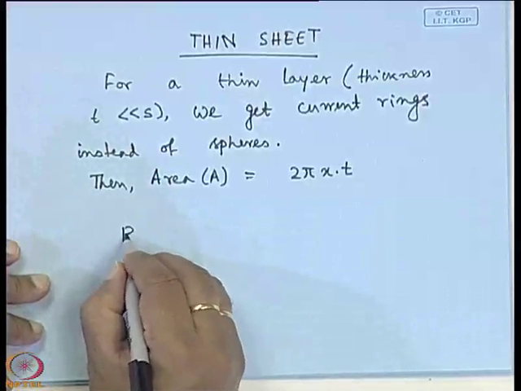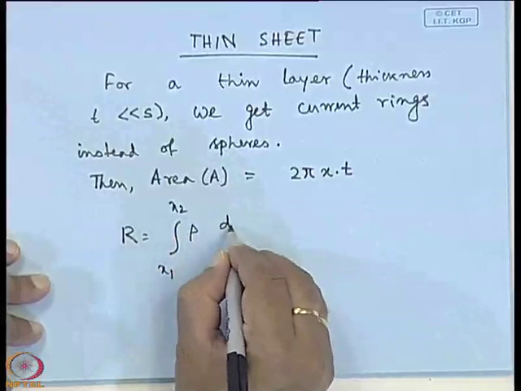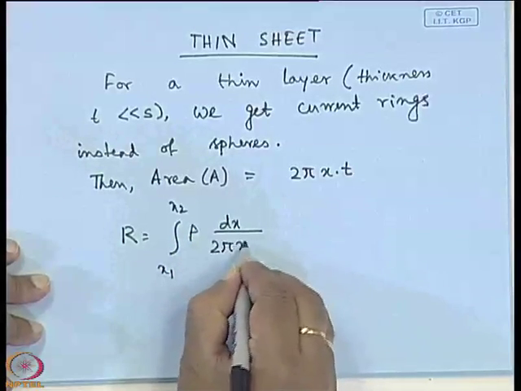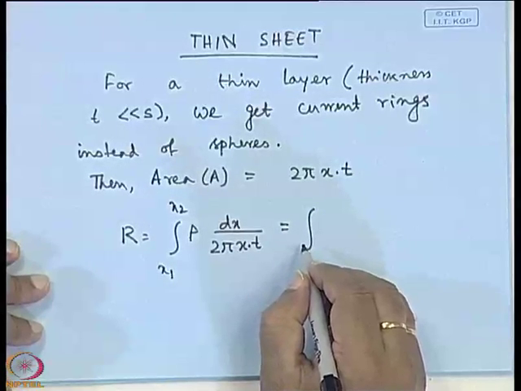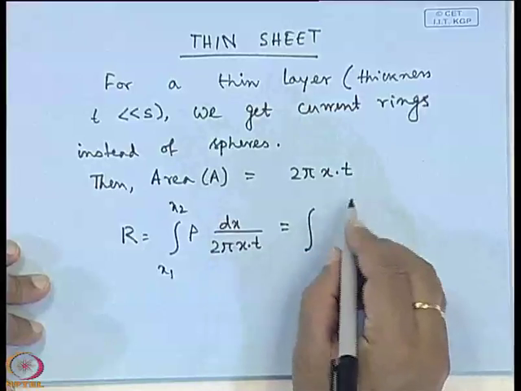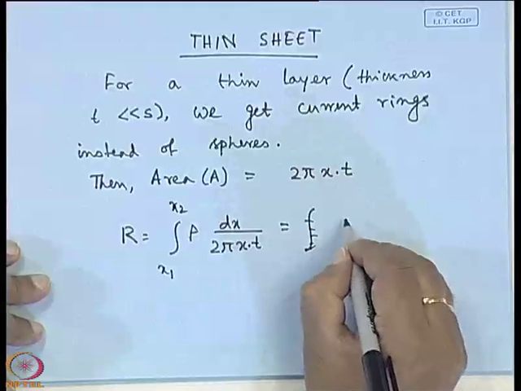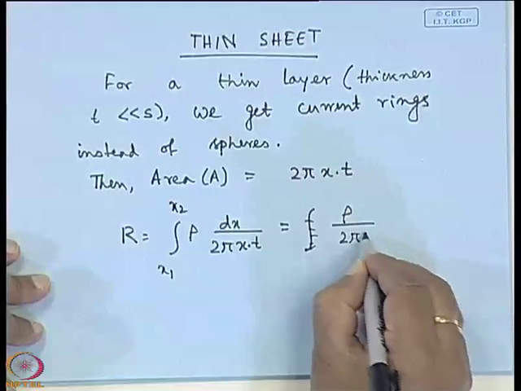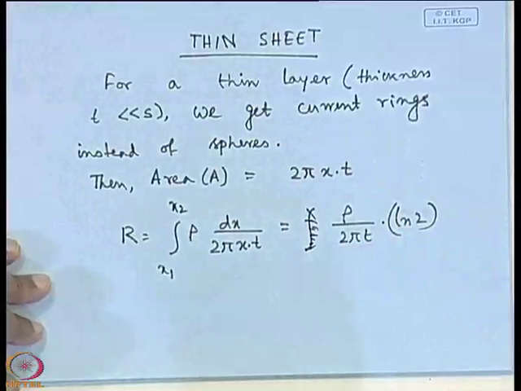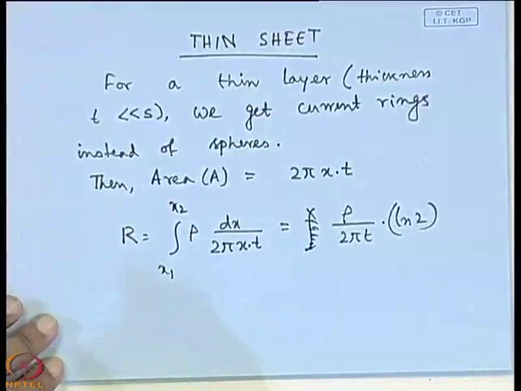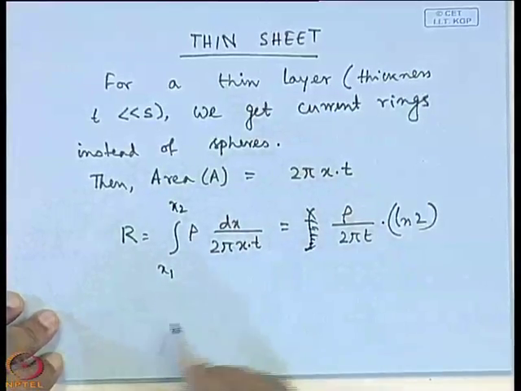And the derivation will be R equals the integral from x1 to x2 of rho dx over twice pi x into t. If you consider this, you will find that it equals rho by twice pi t into ln 2, because the integral of 1 by x is ln.